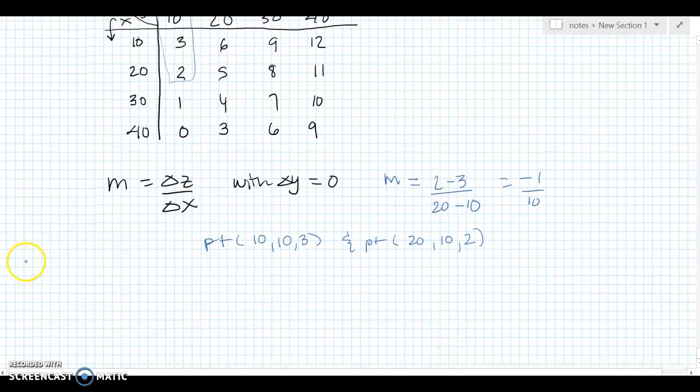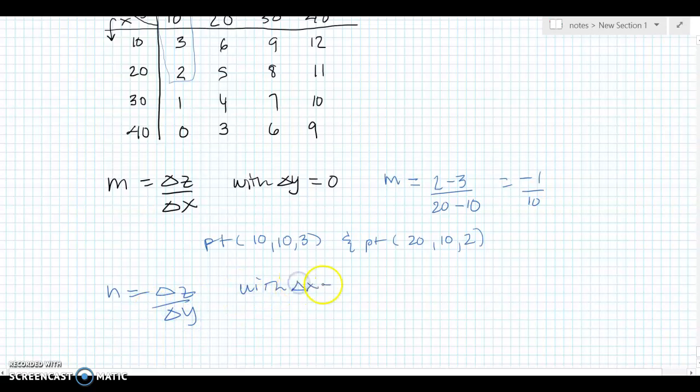And we're going to do the same thing to find n. That's the change in z over the change in y with x held constant. So I'm going to use the points 10, 20, 6 and the point 10, 10, 3.